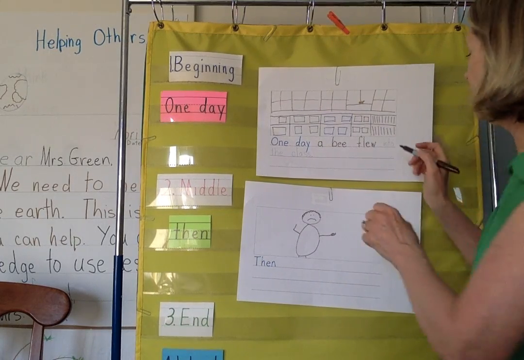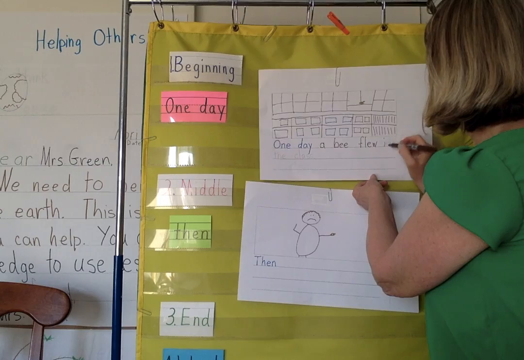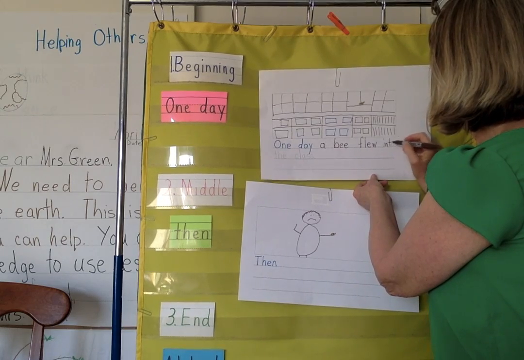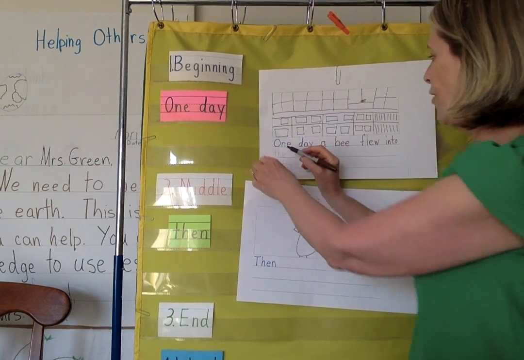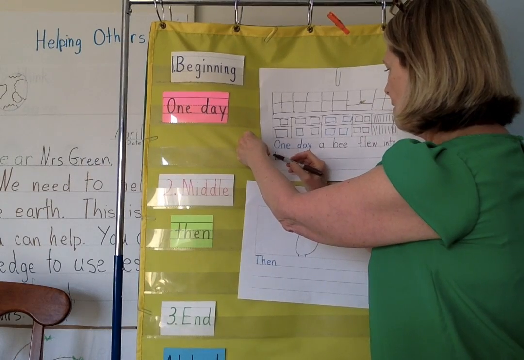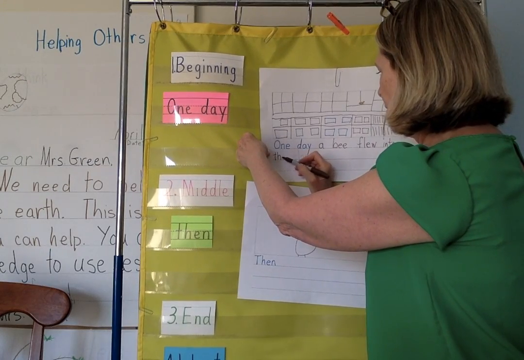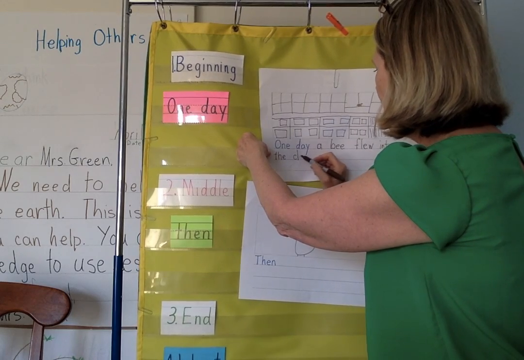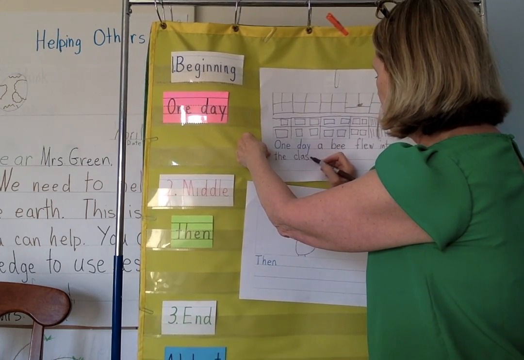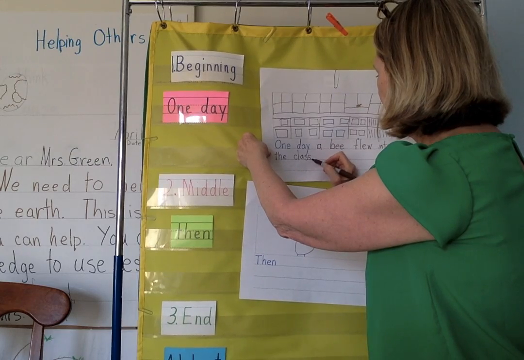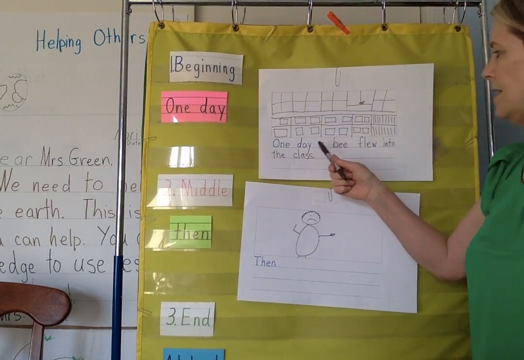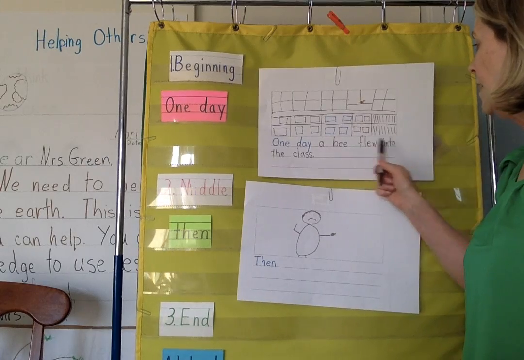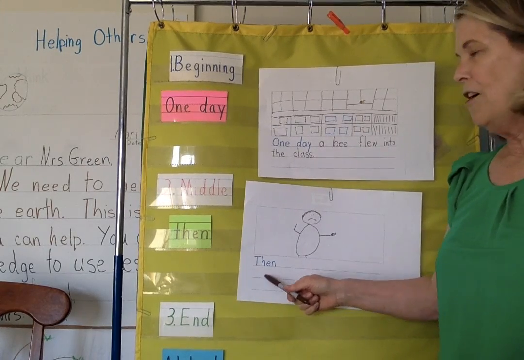I know how to spell into. Into the. I'm going to hold that steady just a little bit there. The class. Because I want everybody to know that this story took place in our class. One day a bee flew into the class.